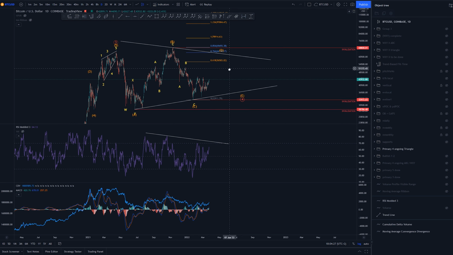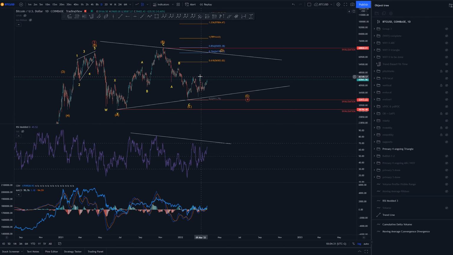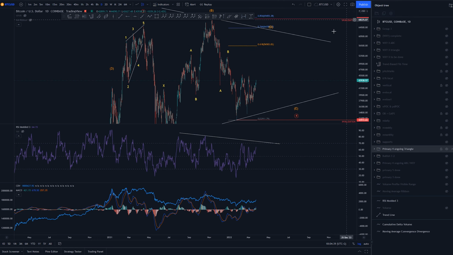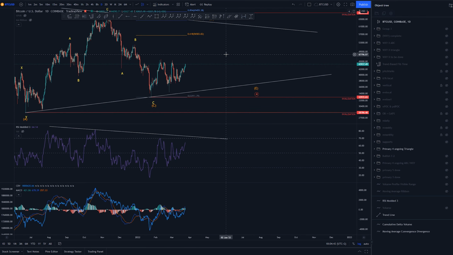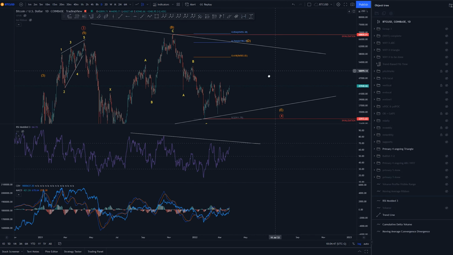So we would be waiting for the D wave here, and this looks like some kind of complex correction, maybe double zigzag or triple zigzag possible, on this to get us up to the D point here.